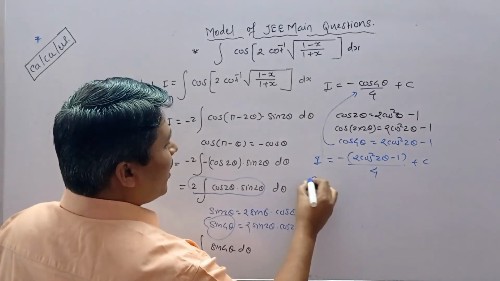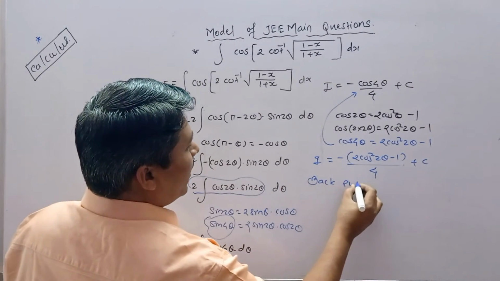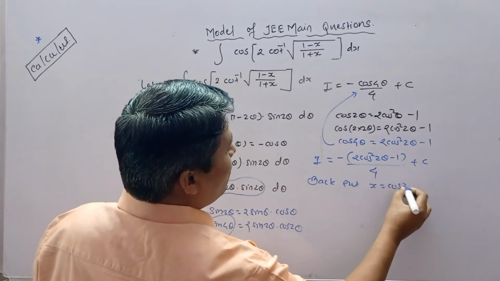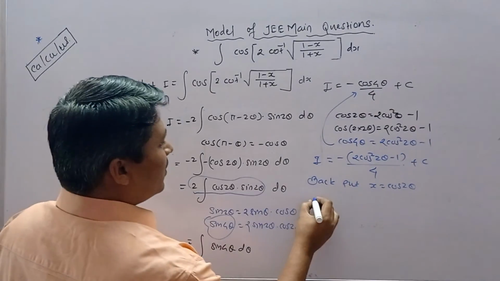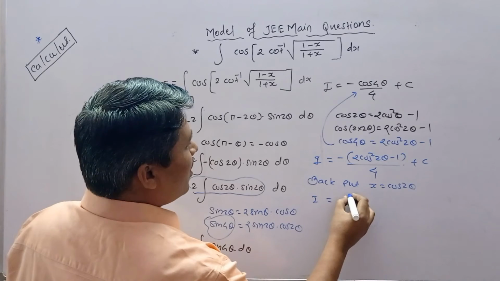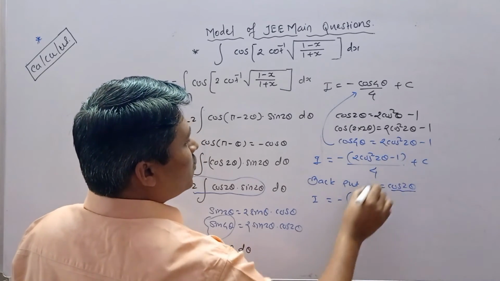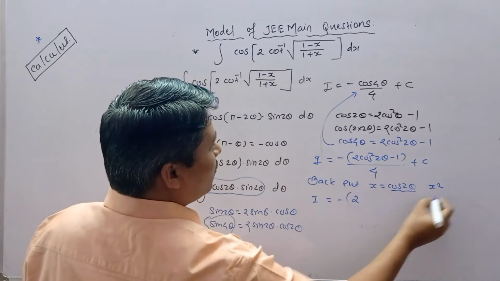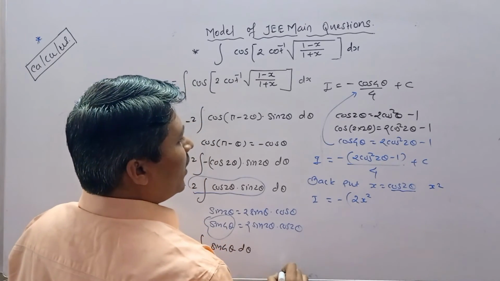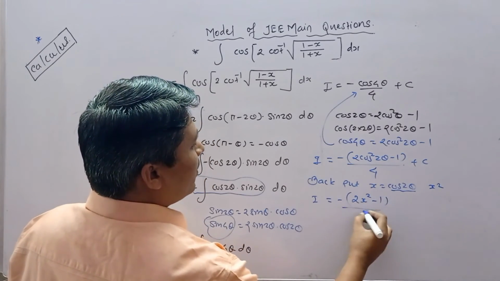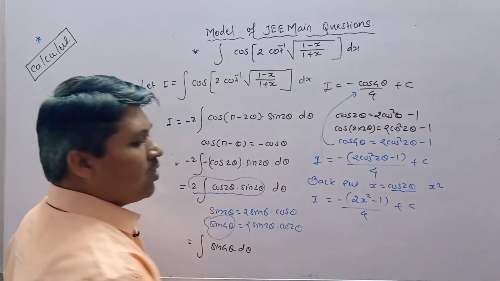Now back-substitute x equal to cos 2 theta. The term becomes minus (2x square minus 1) divided by 4 plus the constant.